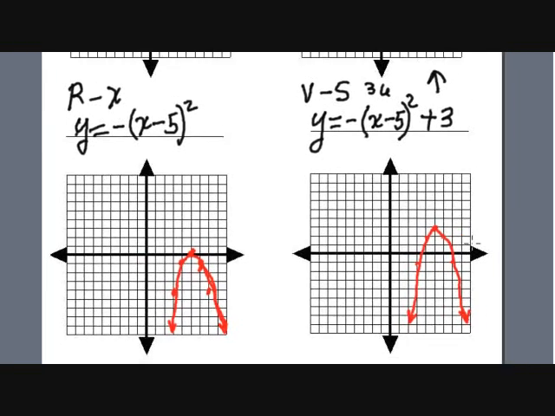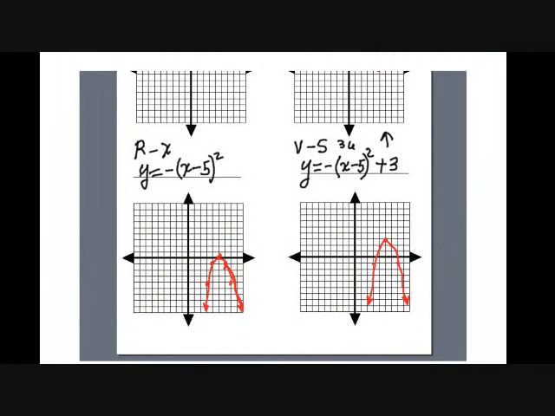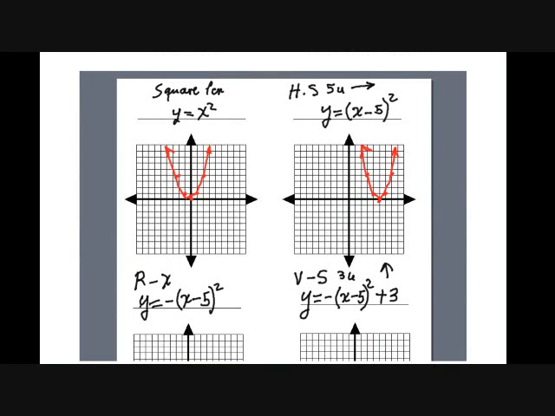Okay, one important point is, for example, the vertex. In the case of the parabola, the vertex of the basic parabola is located at 0, 0. When you are doing the horizontal shift to the right, the new vertex is 5, 0.